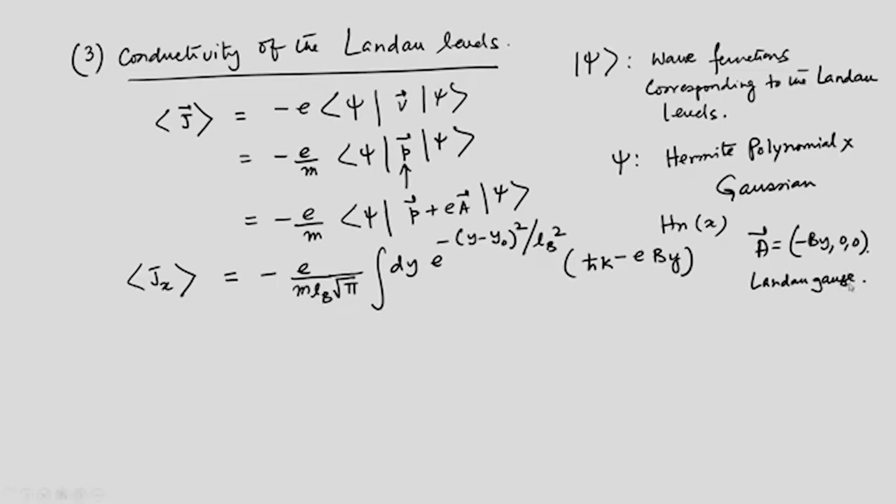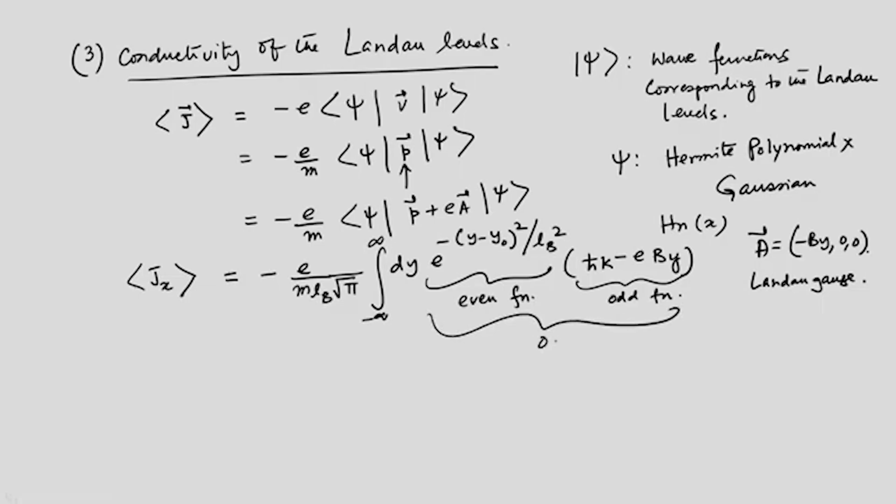Now if you try to solve this integral, it's easy because it's over the entire range of minus infinity to plus infinity. This is an even function and this is an odd function of y. An even function and an odd function, when multiplied, give you an odd function. So the integrand is odd, and when the integrand is odd, integrating it over minus infinity to plus infinity gives 0.